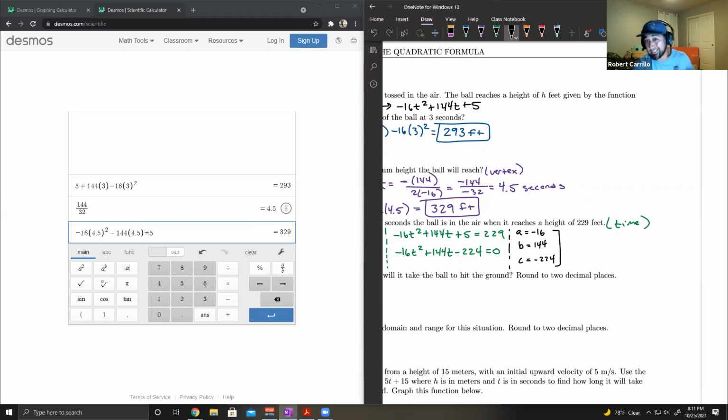And now, since it's in terms of t, you'll have t equals negative b plus or minus the square root of b squared minus 4 times a times c, all over 2 times a.